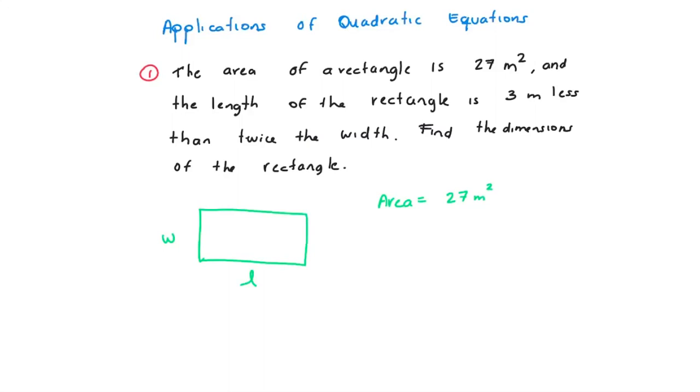And then, according to the information provided by the problem, the length of the rectangle is 3 meters less than twice the width. So we can say that we have the width, and if we want to show the length in terms of width, the length happens to be 3 meters less than twice the width.